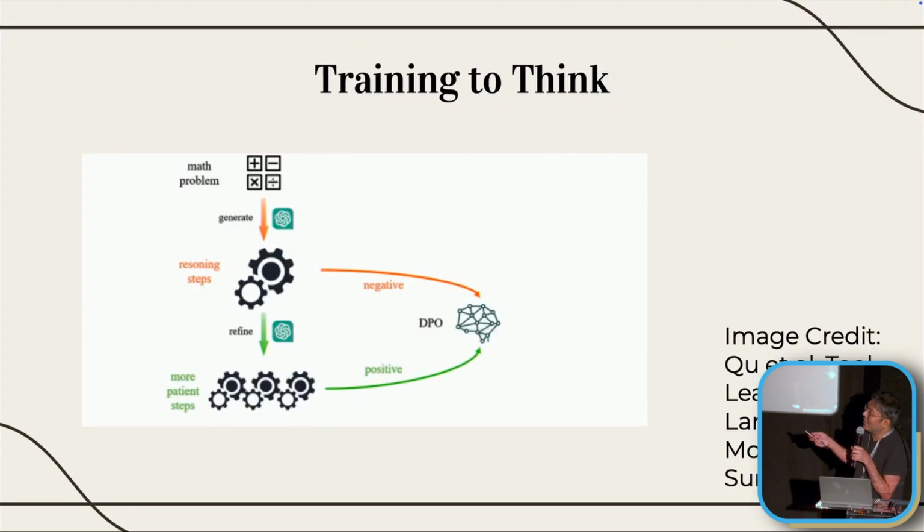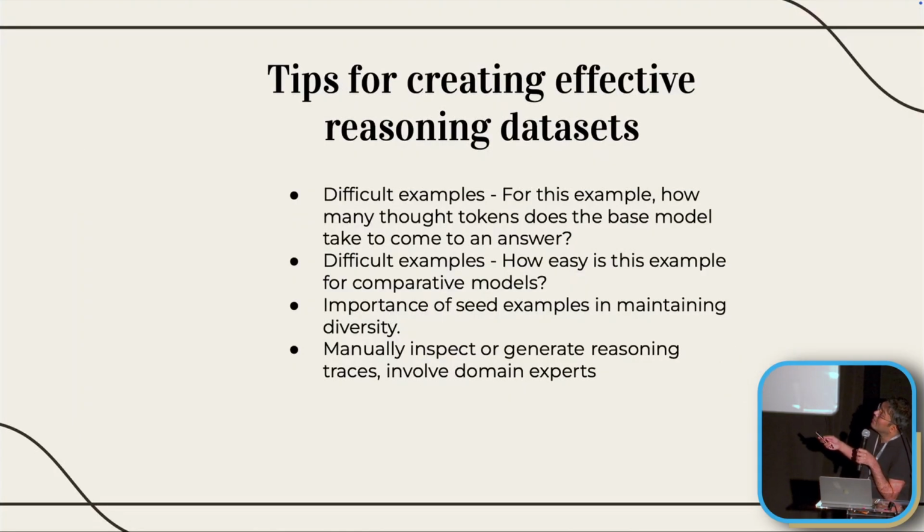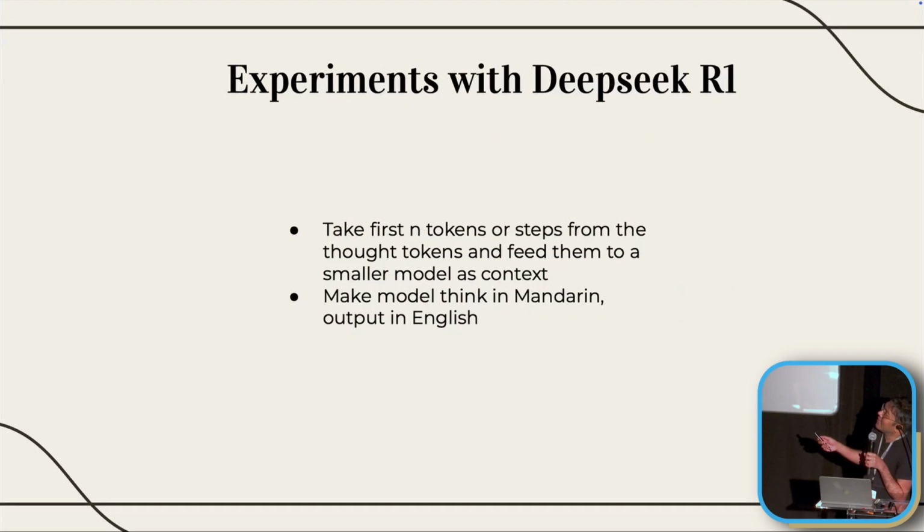One is where you use a lot of reasoning steps, and then the ones with a lot of reasoning steps would be the positive examples, and the others would be the negative ones. So finally, these were very preliminary experiments that I'll probably publish more in a blog post later on.